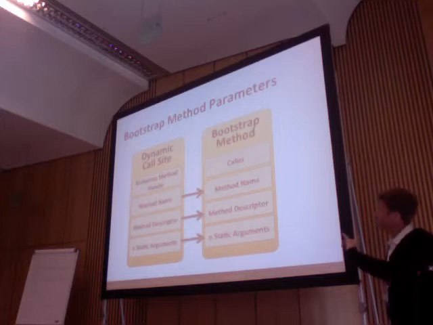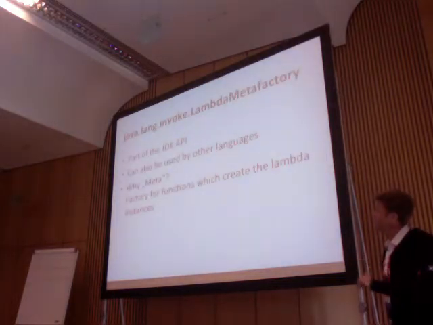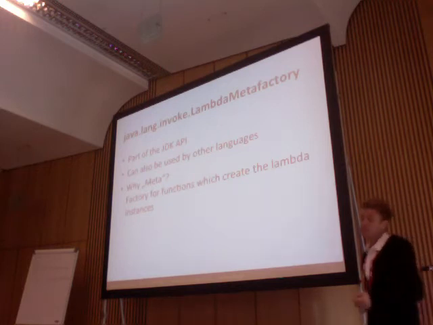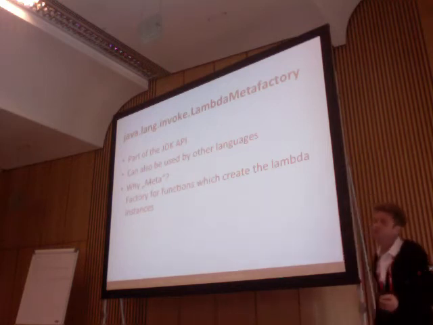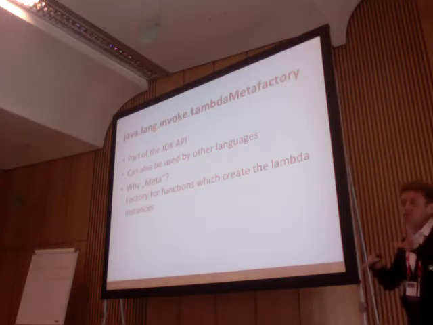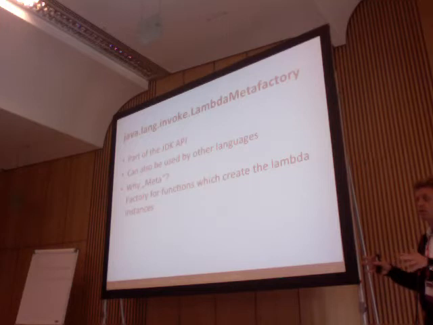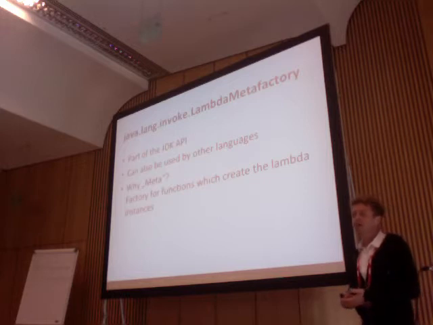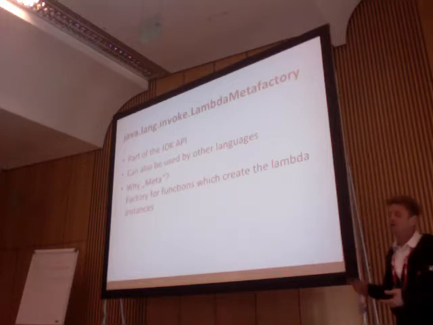For lambdas, there is an API in the JDK since Java 8. The class is called LambdaMetafactory. This class is not designed to be used directly. We can see an example later on of how you can use it, but this class is basically used by the compiled class file. So the compiler relies on the fact that this class exists in your Java 8 JDK.